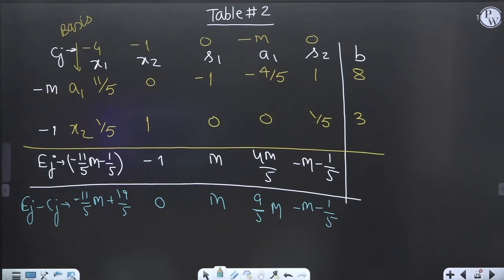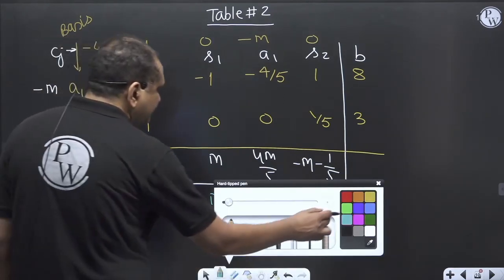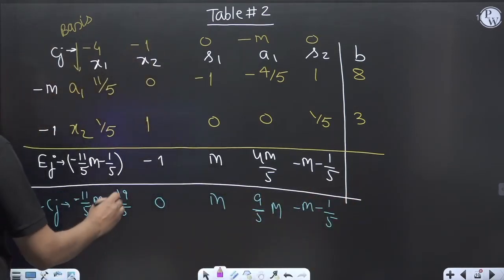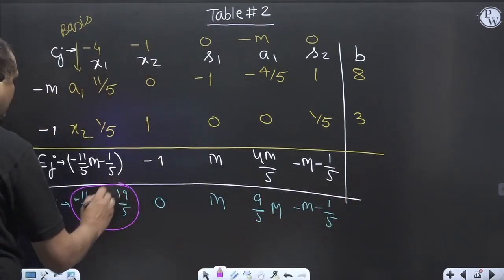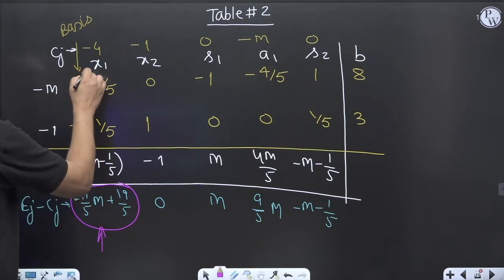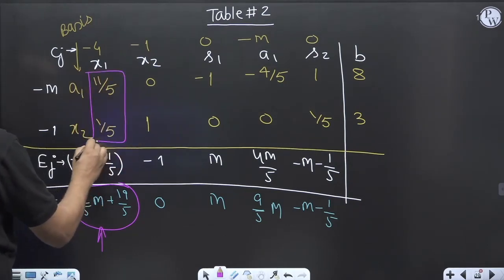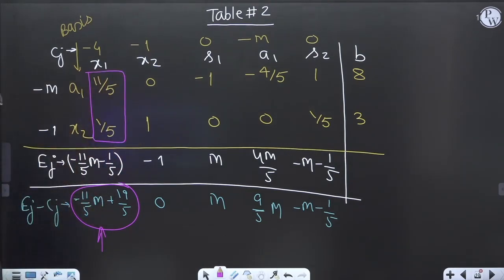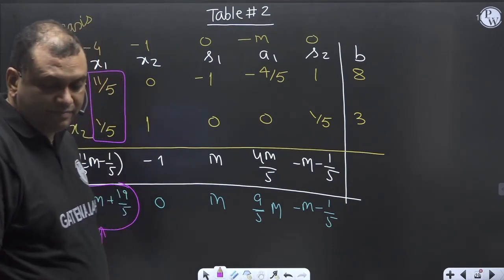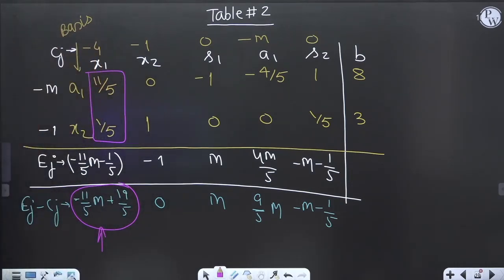The M value is very high. So this is the maximum factor, and this is the entering column. The procedure remains the same, whatever we are doing in every iteration.